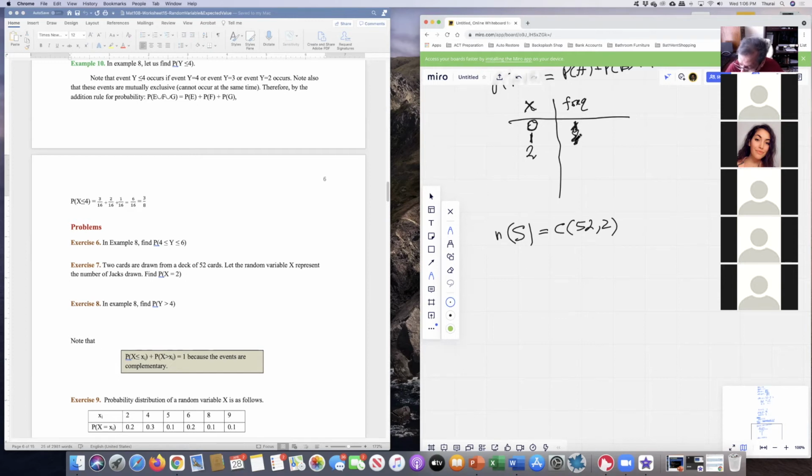So sorry, our numbers are not correct. It's a little bit more than what it appears to be. You really have to look at all of the elements in the sample space and determine the count of how many have two jacks, how many have no jacks and how many have one jack.